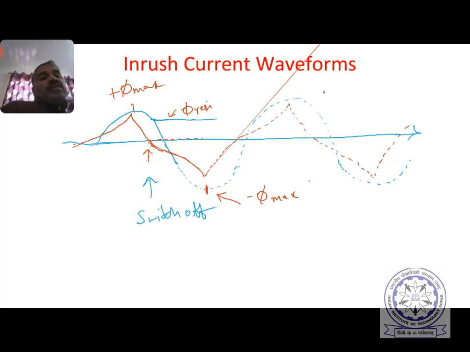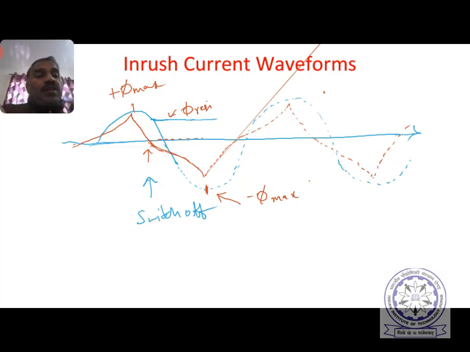So what will happen? Because I switched it on, what is the corresponding value of voltage? This voltage is 0, right? Flux is at 90 degrees, which means voltage is 0. So at that instant I have switched it on.